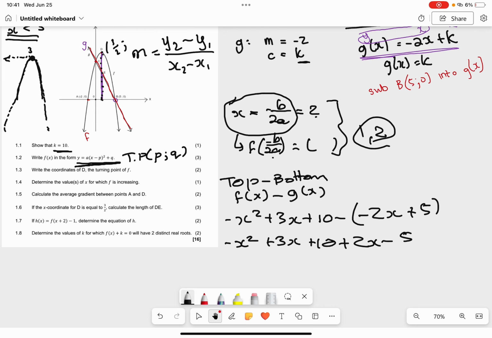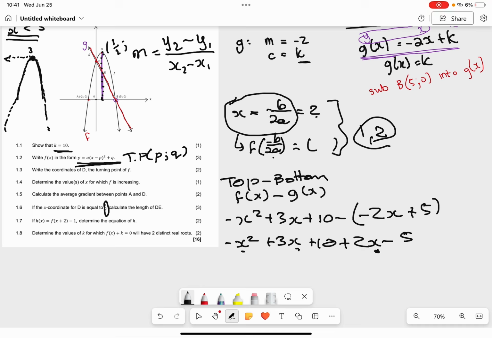Now, what do we know? Because we need a length, we need a value. We have an unknown here, which is x. But is it really unknown? If you go back a bit, you'll realize that they said the x value of D is 3 over 2. And we now know that because D and E are on the same vertical line, they will have the same x value. So you can just substitute 3 over 2 into here.